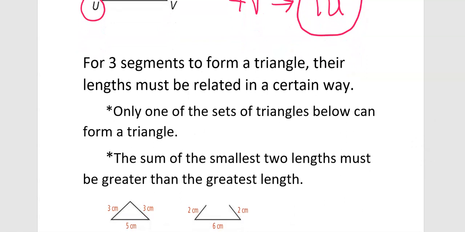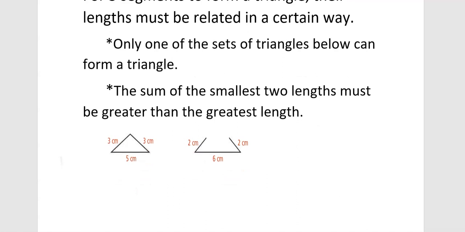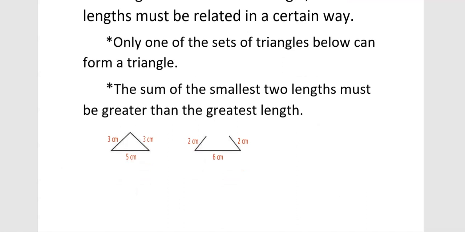For three segments to form a triangle, their lengths must be related in a certain way. Only one of the sets of triangles below can form a triangle. The sum of the smallest two lengths must be greater than the greatest length. So with this one, they have 3, 3, and 5. That forms a triangle. The other one, 2, 2, and 6, does not form a triangle.